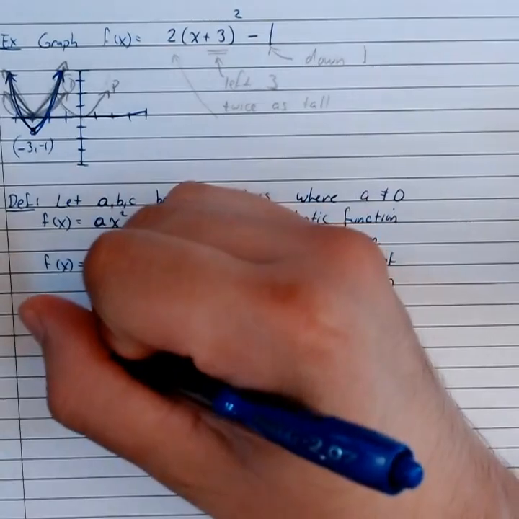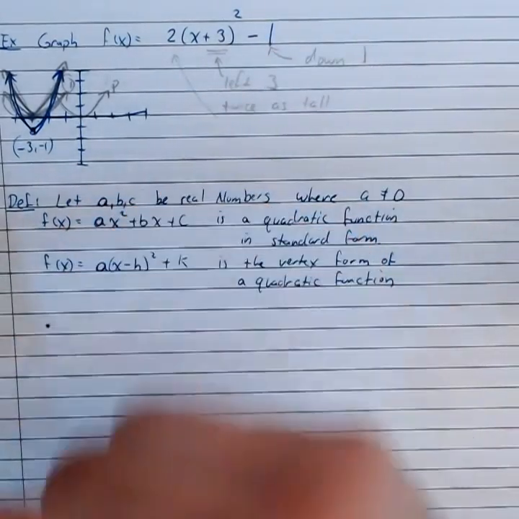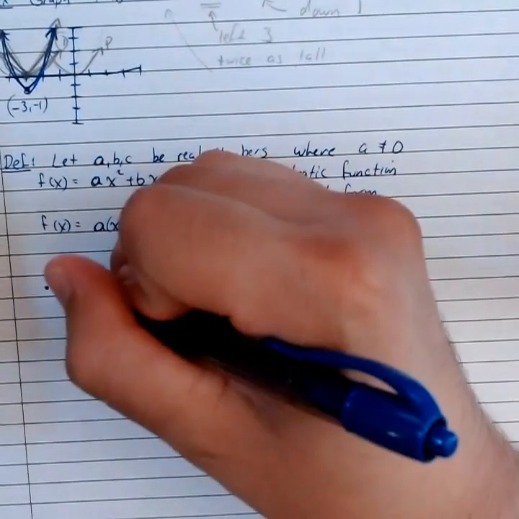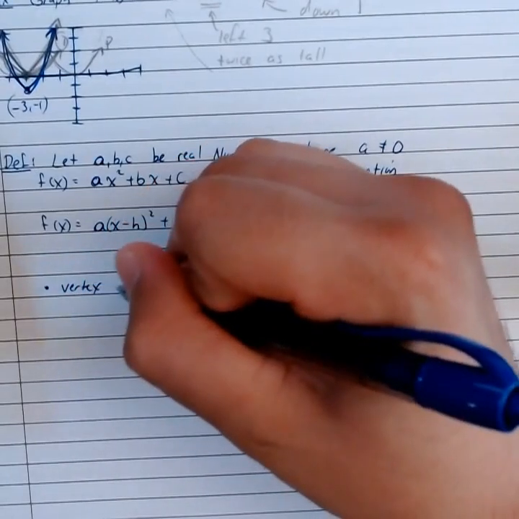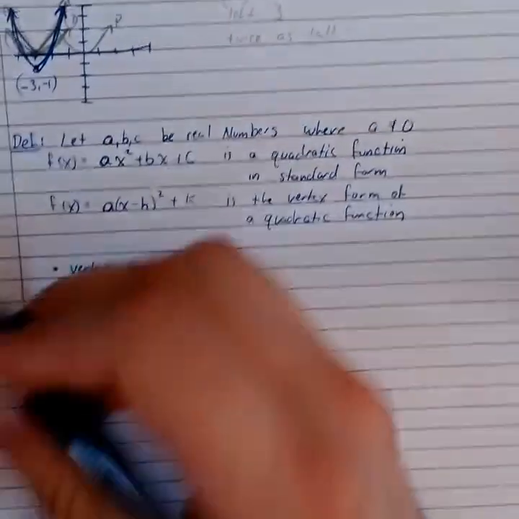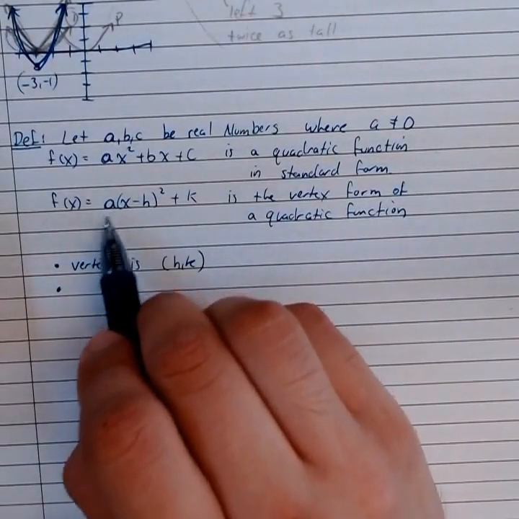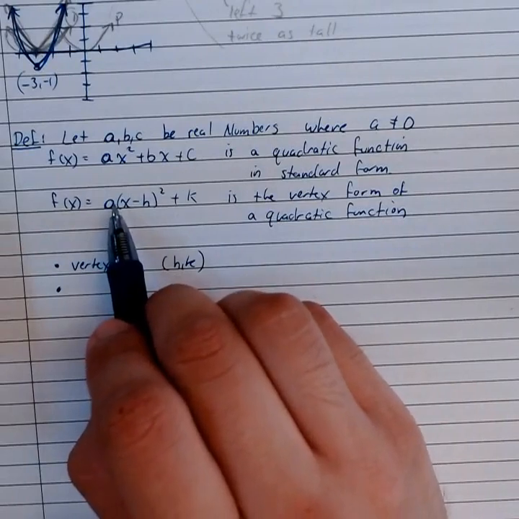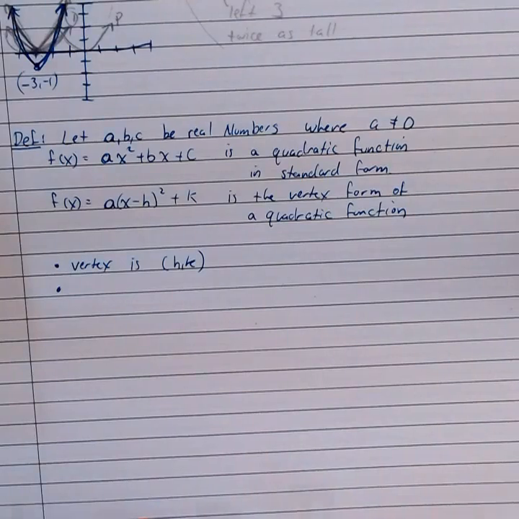So here, let's go ahead and write this out with some details down here as bullet points. The vertex is the point h comma k. The value a, whatever number this is, if it's positive or if it's negative, tells you the direction in which your parabola is going to open.